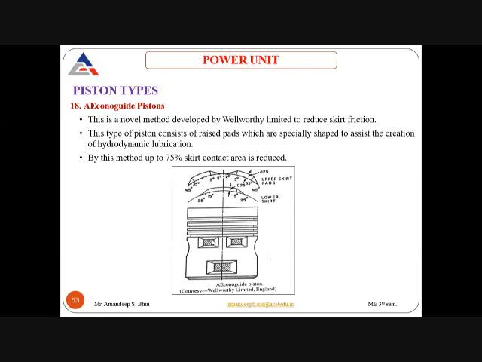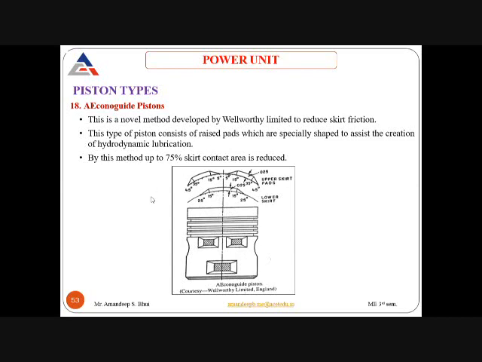Now only the area of these pads comes in contact with the cylinder lining, and not the whole skirt. These are specially shaped to assist the creation of hydrodynamic lubrication. By this method, up to 75% of the skirt contact area can be reduced. So the contact area of the piston with the cylinder lining is reduced by 75%.